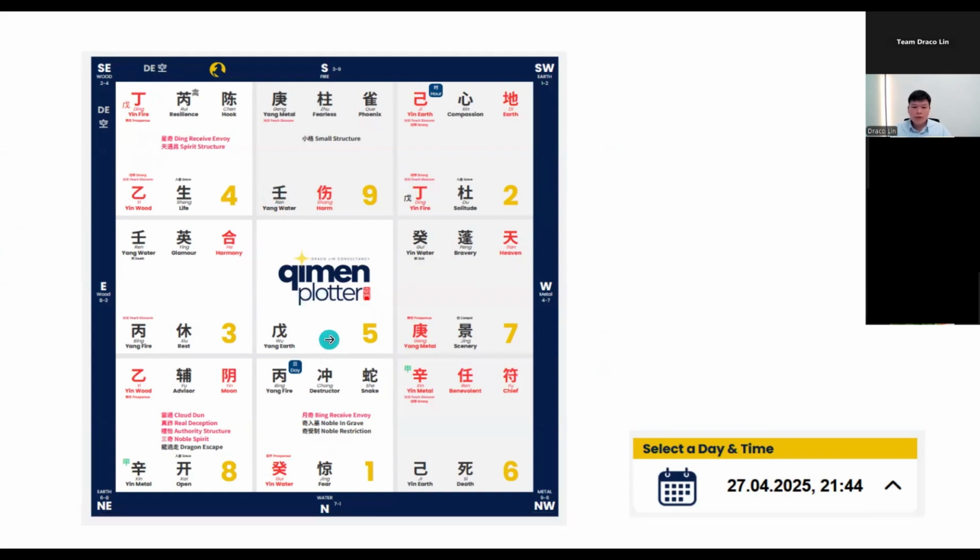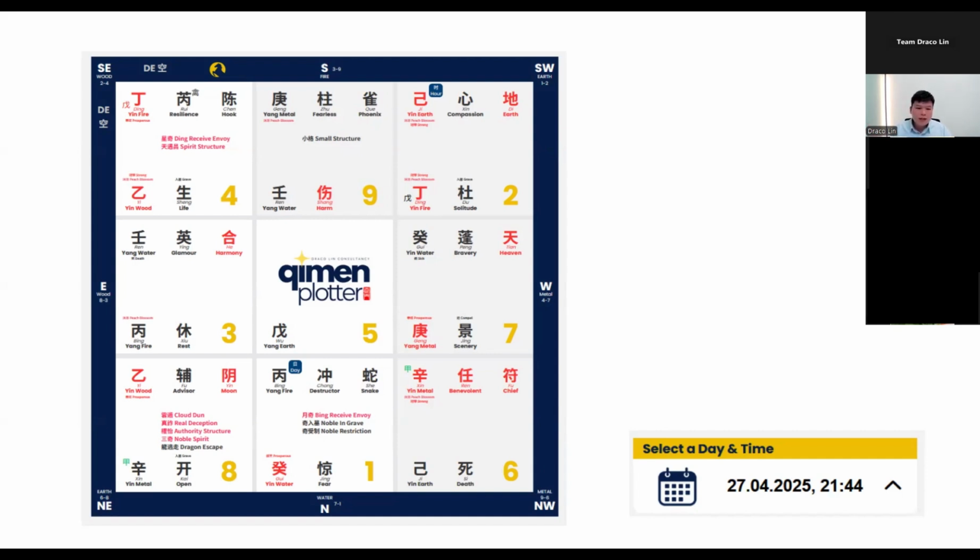Okay, so people will start to ask me, how come some of the positive doors, positive stars, positive deities at a different palace become black in color? A very easy way to explain this is that black means negative, or low in power, or lousy at this current stage. Then red is generally positive.